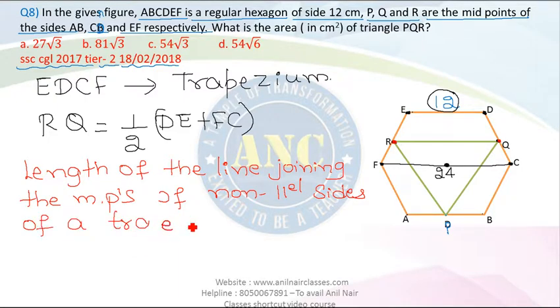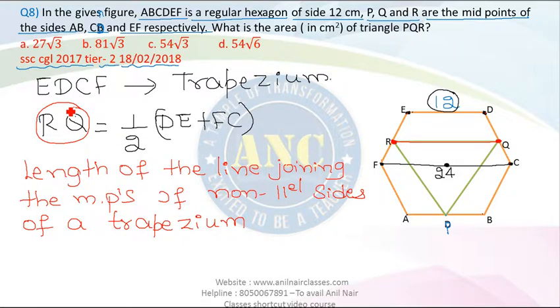EF and CD are non-parallel sides. The midpoints of EF and CD are R and Q respectively. The length of this line RQ is what I wrote here.